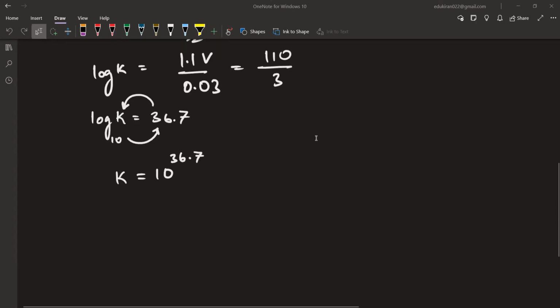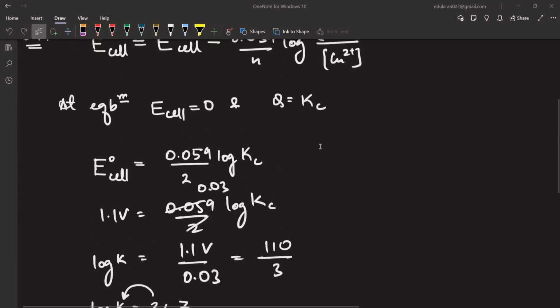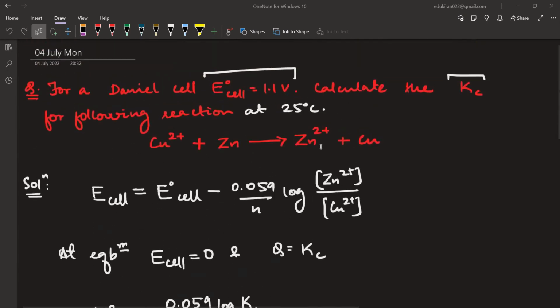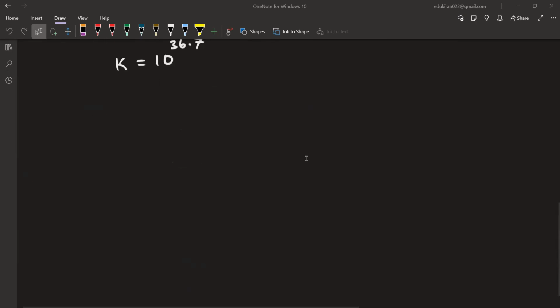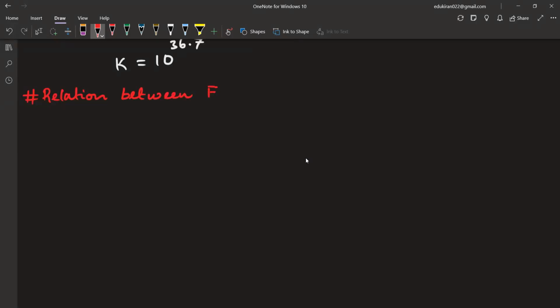So this is how you're going to calculate the equilibrium constant when you have been given the E naught of cell. Okay. All right. Relation between E cell and Gibbs free energy.